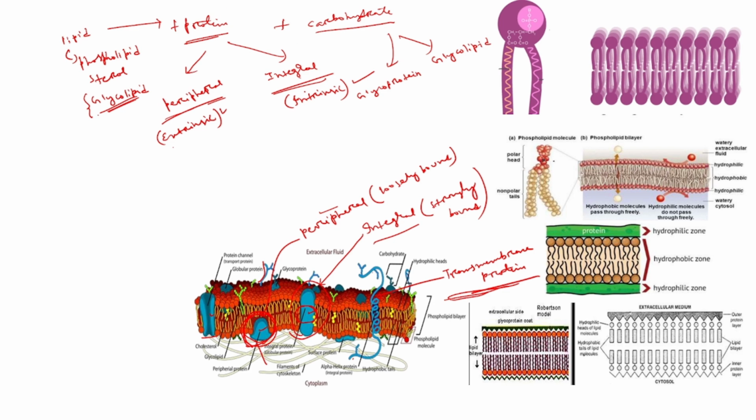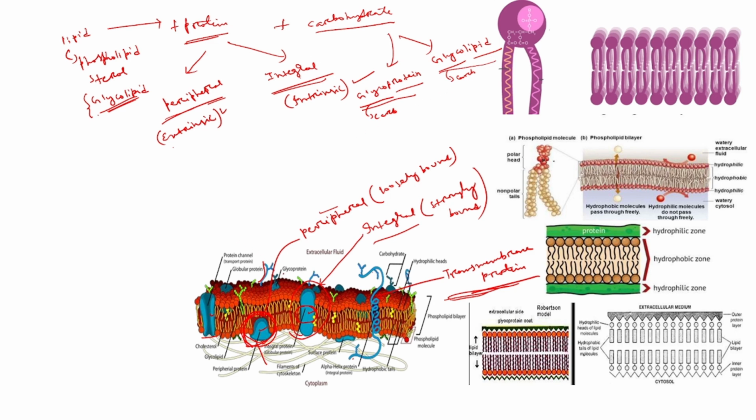So glyco means carbohydrate, and protein means protein. Here glyco means carbohydrate, and lipid is the lipid. So some carbohydrate binds to protein and is called a glycoprotein, and some carbohydrate is present by binding with the lipid, and this is called the glycolipid structure.